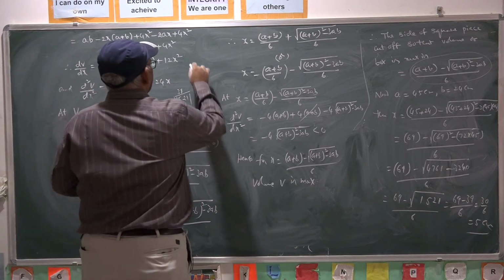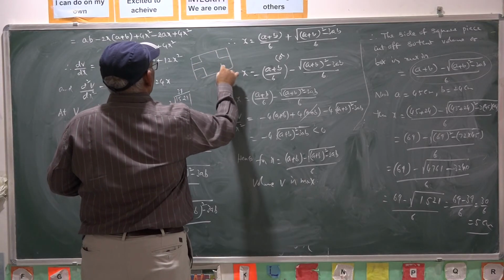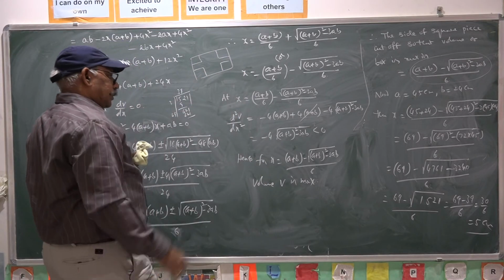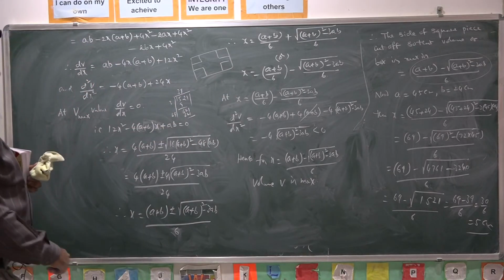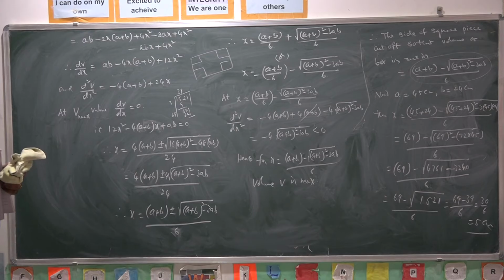Once the square piece cutout is considered from the corners of the rectangular sheet, the side of the square piece cutout may be obtained by a plus b minus square root of a plus b whole square minus 3ab by 6, once the volume of the box is maximum.